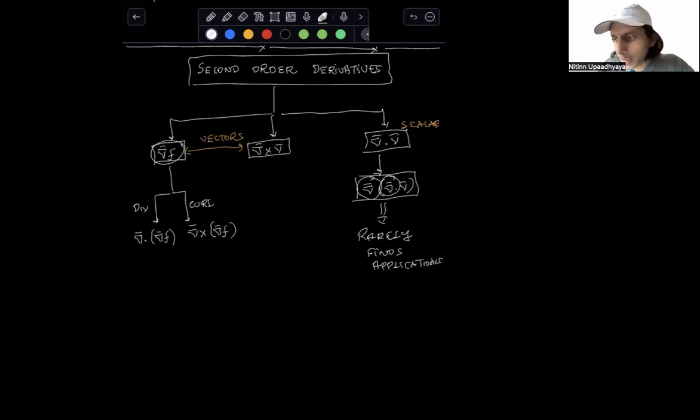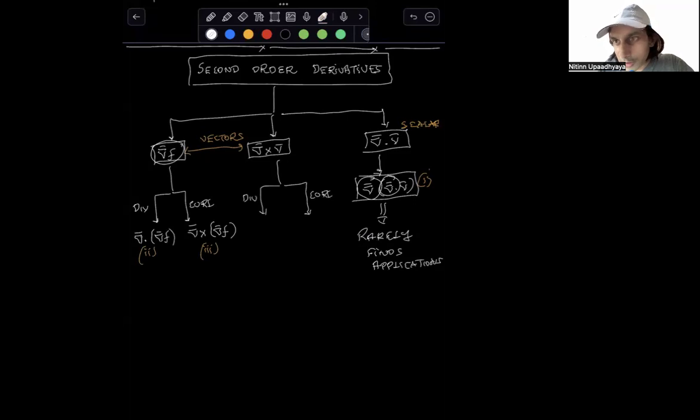Let me label each of these equations which we're deriving. So this is the first one we've obtained. This is the second order derivative we've obtained. This is the third one. And in the same way, when we have the curl, which is a vector, we can obtain two second order derivatives from this. We can take the divergence of the curl and we can take the curl of the curl.